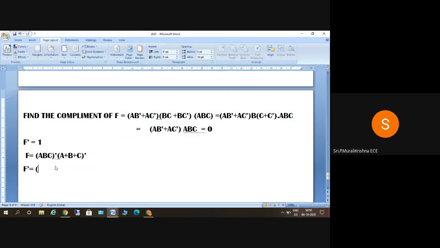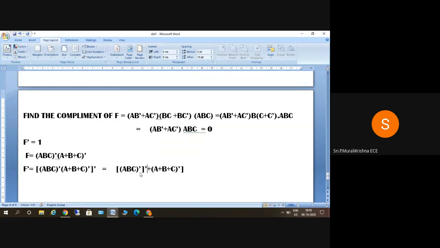So De Morgan's law: A into B whole bar is nothing but A bar plus B bar, and A plus B whole bar is equal to A bar into B bar.